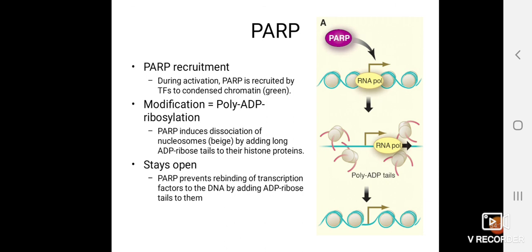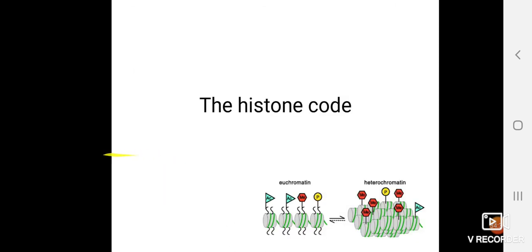PARP induces dissociation of nucleosomes and thereby makes the DNA available for transcription, and it stays open. That is, it prevents the rebinding of transcription factors to the DNA by adding ADP ribosyl to the tails, so histones are kept separate so that transcription can easily take place.